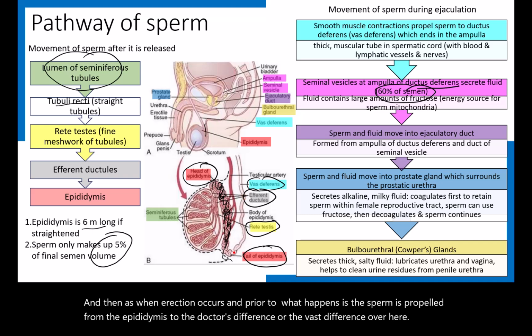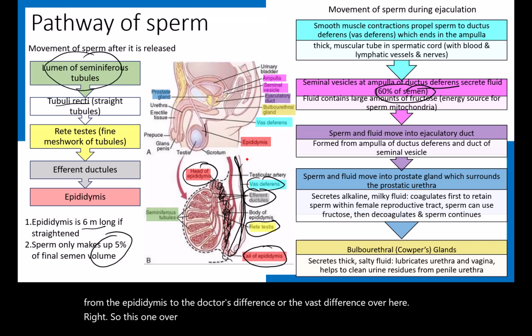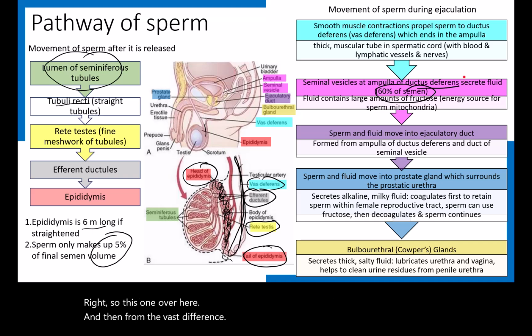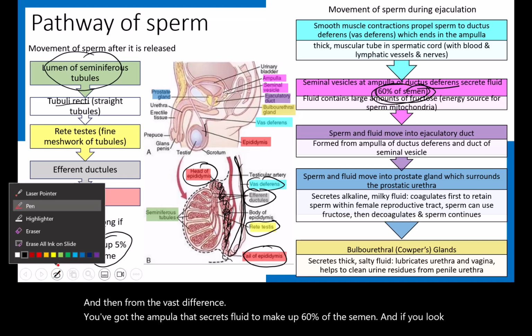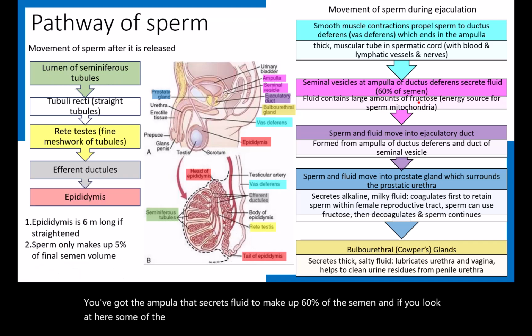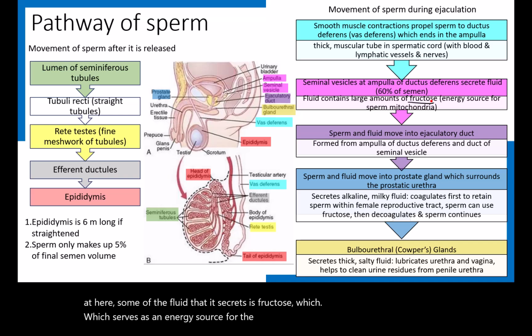And from the vas deferens, you've got the ampulla that secretes fluid to make up 60% of the semen. Some of the fluid it secretes is fructose, which serves as an energy source for the sperm mitochondria, right?